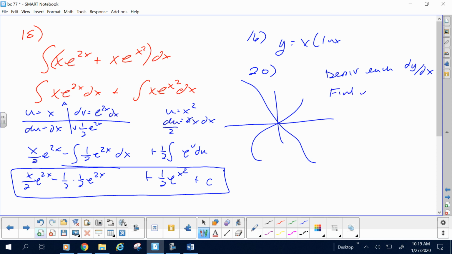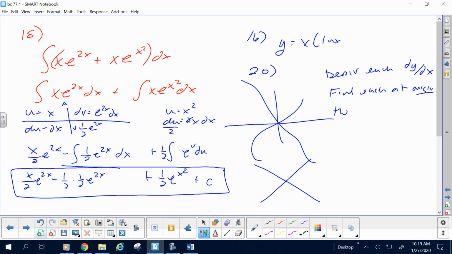So find each at the origin. Will that then be a function anymore, or will that now be a number? That'll actually be a number, and then how will I conclude, or what will show that they're perpendicular? What do we know about perpendicular slopes? Negative reciprocals.